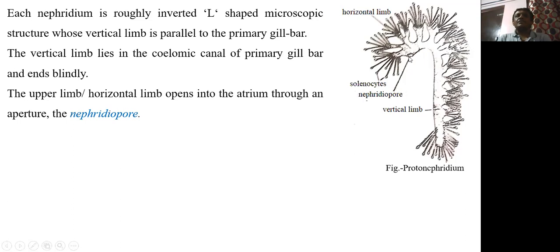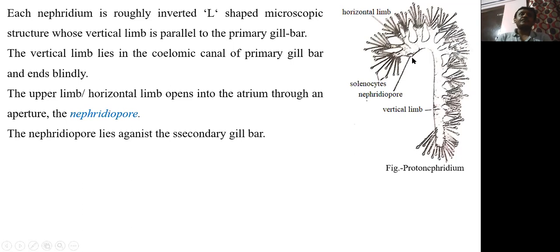This one is the aperture. That means whatever waste is collected in this protonephridium is excreted, or released, into the atrium through this nephridiopore. The nephridiopore lies against the secondary gill bar.